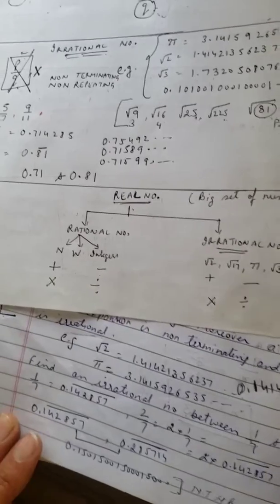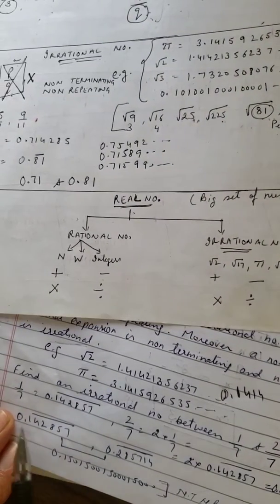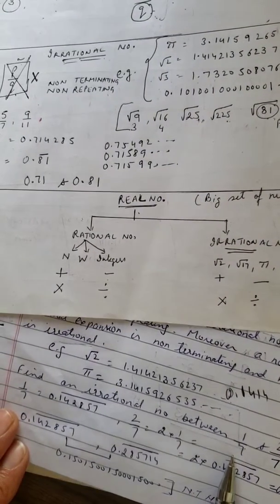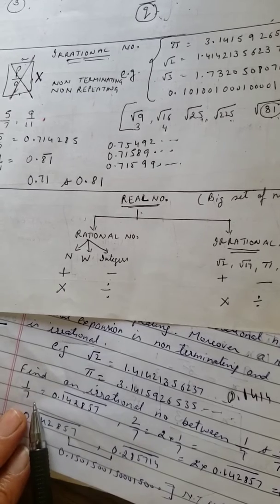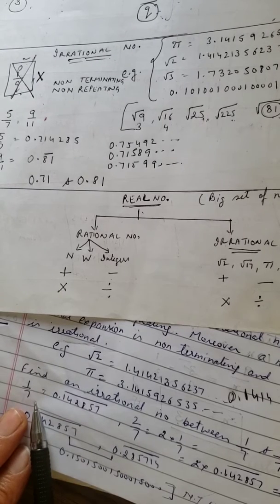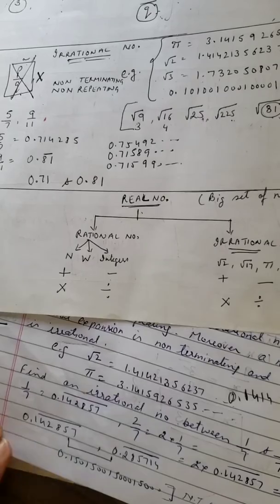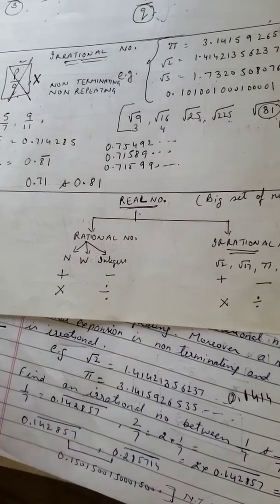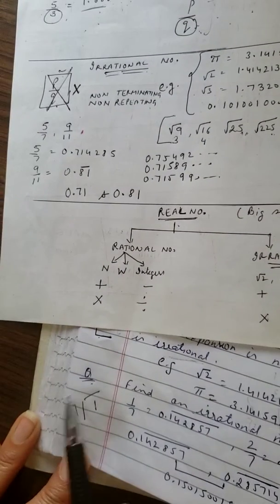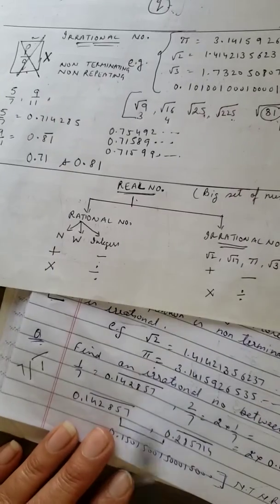So for that, the first step is we are going to write 1 by 7 here, and you're going to do the long division. Divide 1 by 7 the way you have already done it, and write the answer in front of it.